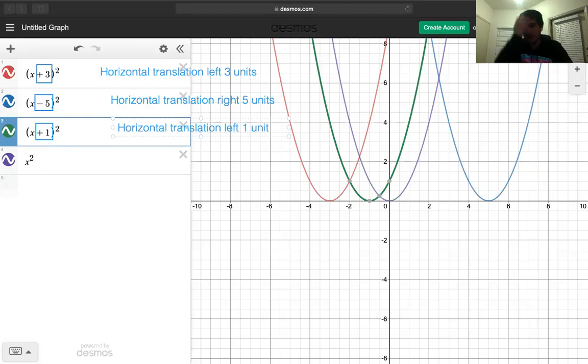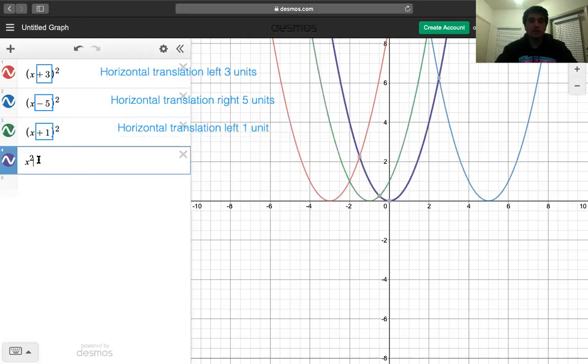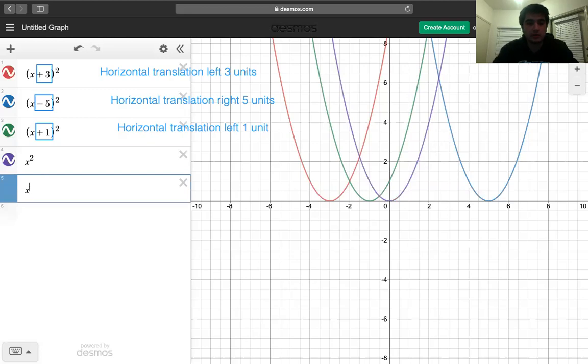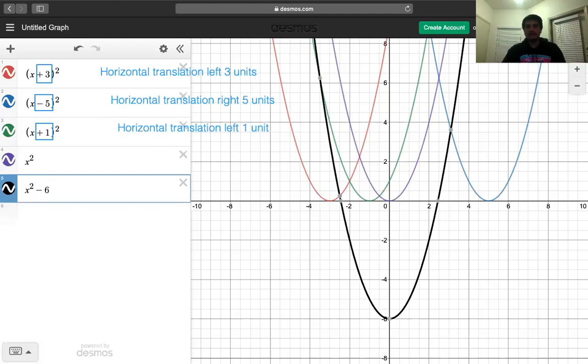Hopefully you kind of see the pattern here. And now let's go down here. So let's say I have x squared, right? And then let's say I have x squared minus 6, right? Minus 6, okay? So when I look at this one and I want to see if I have a horizontal translation or not, we look for parentheses, okay?